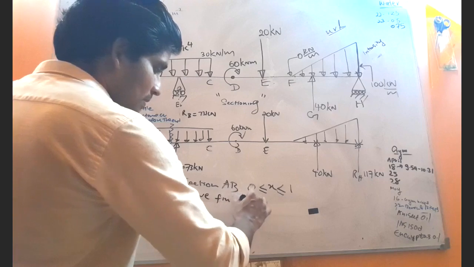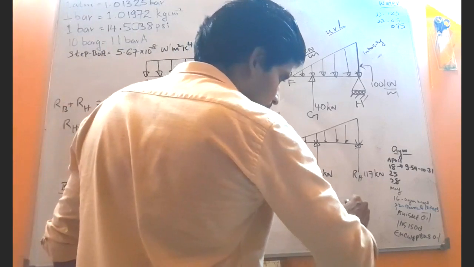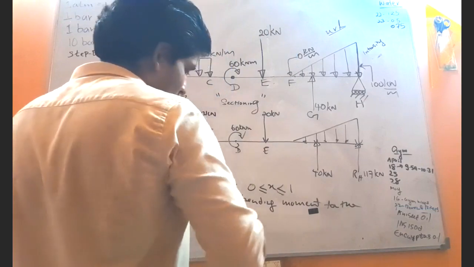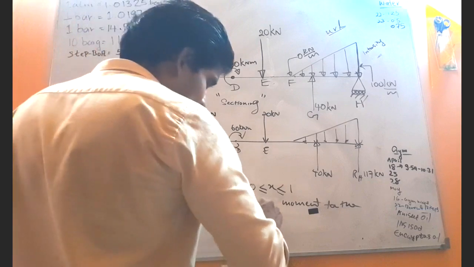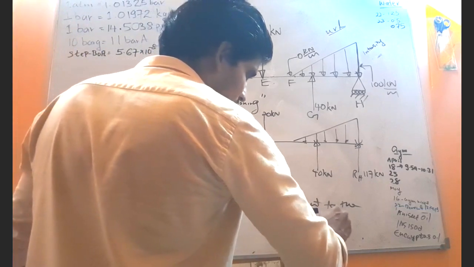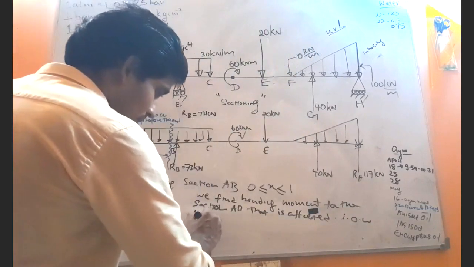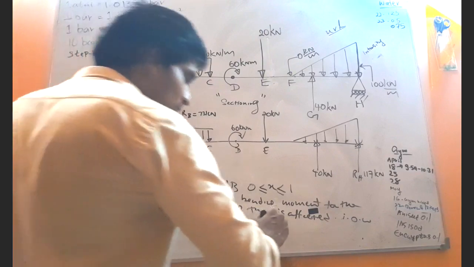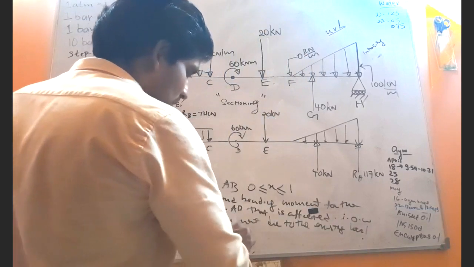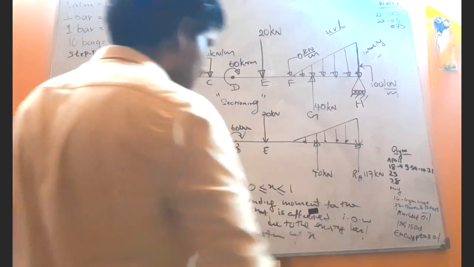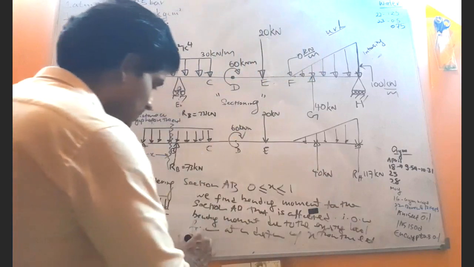We find the bending moment for the section AB, or in other words, the bending moment due to the existing loads or forces at a distance of x from the left end.